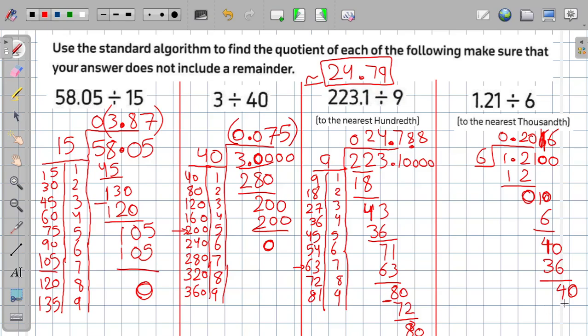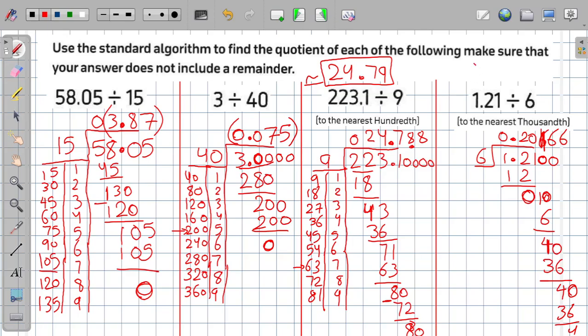So 40 divided by 6 equals what? I will take 36. 36 divided by 6 equals 6 and the remainder will be 4 again. So I think our division has no end. So it's infinite division. And I wanted to round the answer to the nearest thousandth.